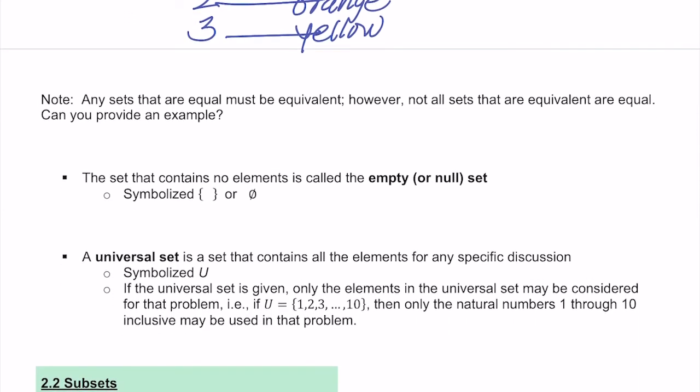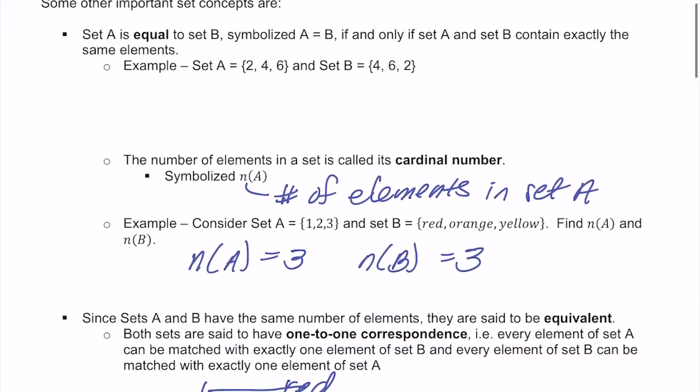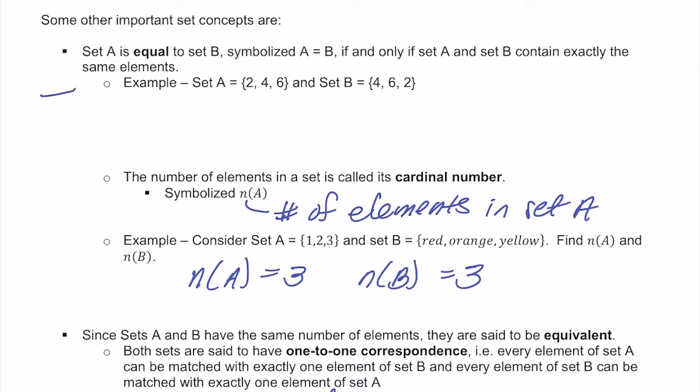Something important to note is that any sets that are equal must be equivalent. So if I look at that first example right here, since those two sets are equal, set A equals set B, automatically that means that those two sets are also equivalent because they have the same number of elements in each set. But not all sets that are equivalent are equal.